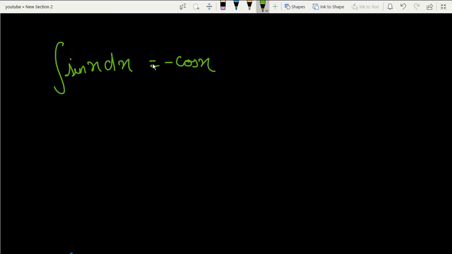And integration of cos x will become sin x. Remember this. Integration is always the reverse of differentiation.